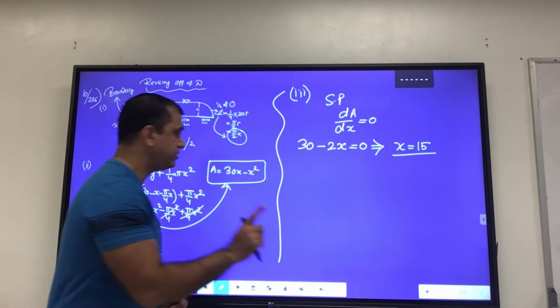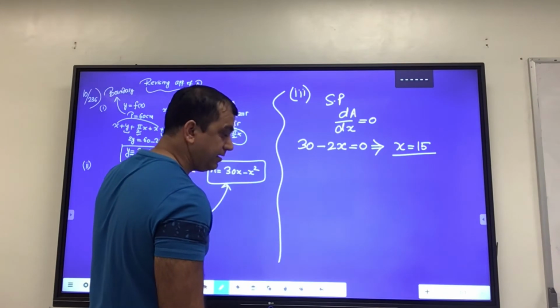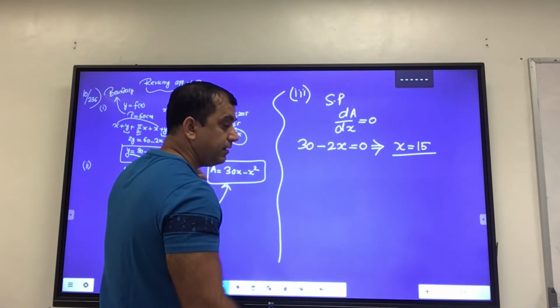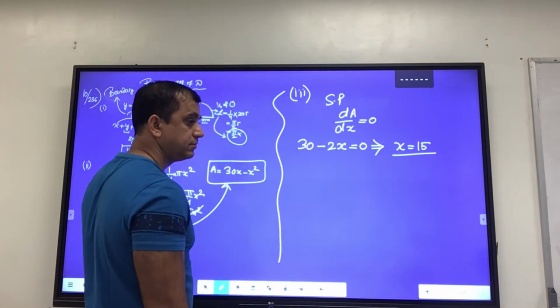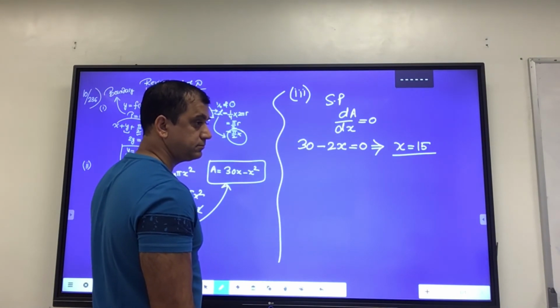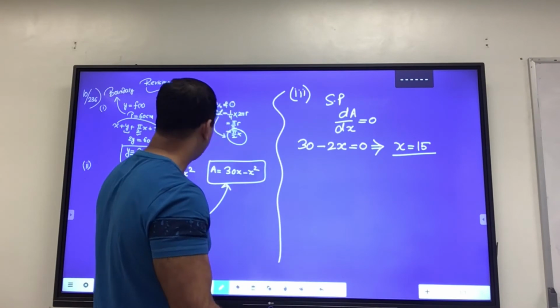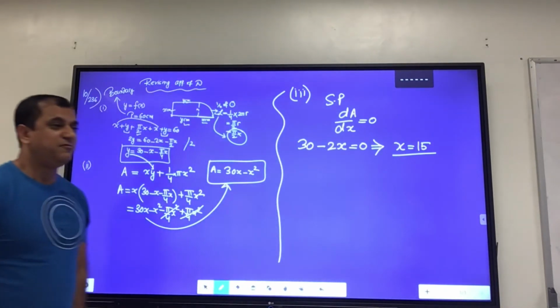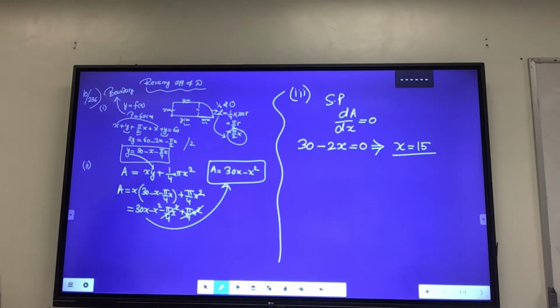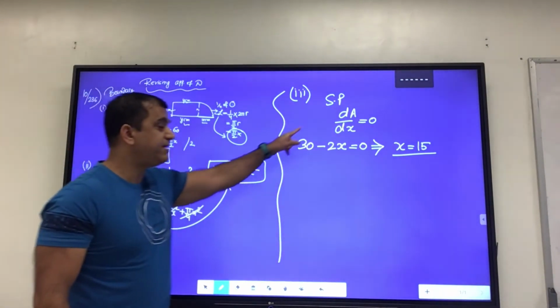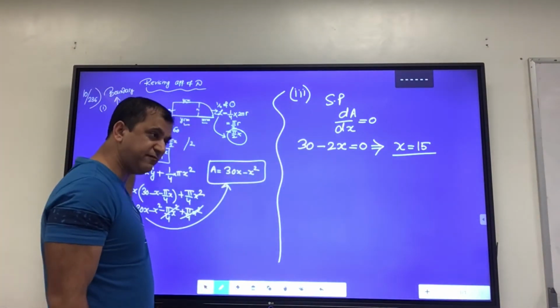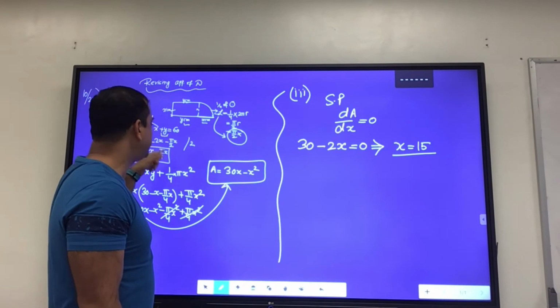One by one. What do you think? Here or here? Area? Area. Okay. Area is perfect. We are taking derivative of area function, not y function. Why should we put it there?